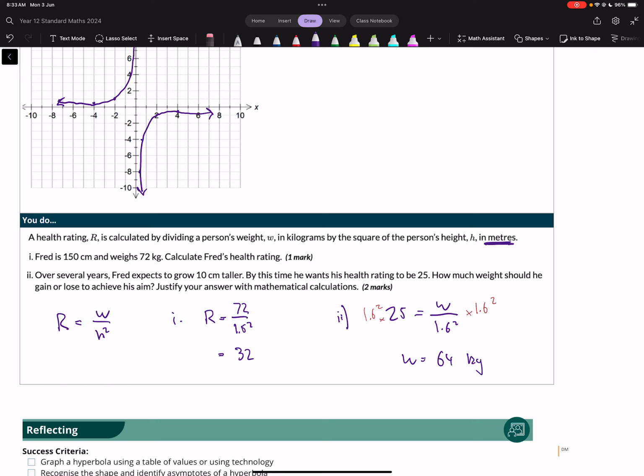So he needs to lose 8 kilos in this time. That might not seem like it's a reciprocal function question, but because this is the format of the equation that we're given, it is a reciprocal function.